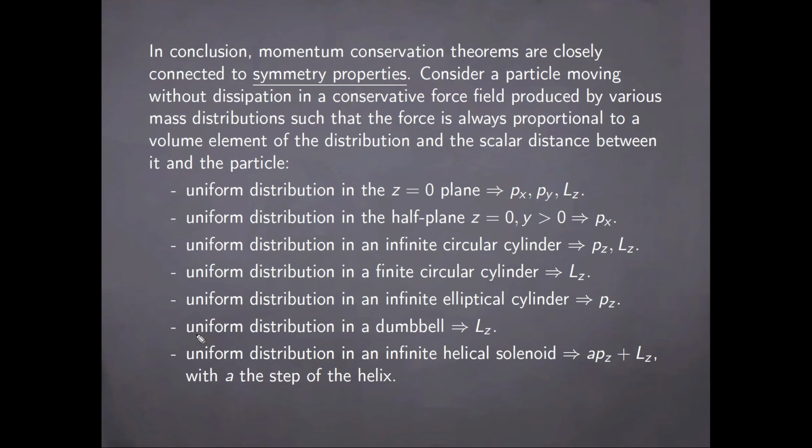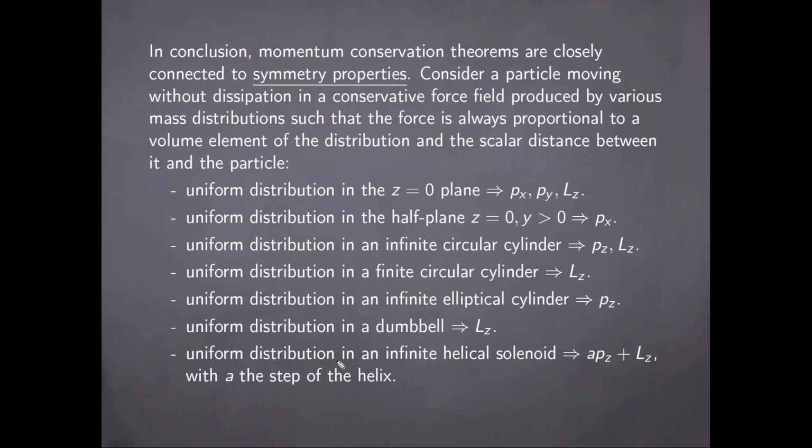And if the distribution is given in the form of a dumbbell, then we can only rotate about the dumbbell's axis of symmetry, as any kind of translation or the other two axes of rotation would break symmetry.